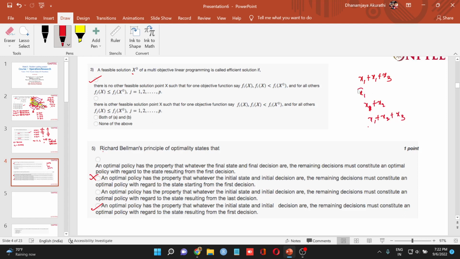That means we depend on the solution of the first stage's decision. Whatever the initial decision is, the remaining decisions all depend on the state resulting from the first stage decision only. That is stated by Richard Bellman's principle. Okay.